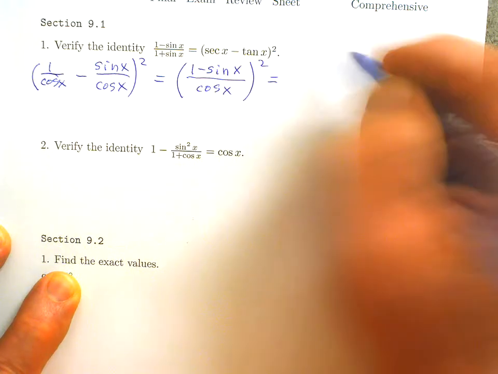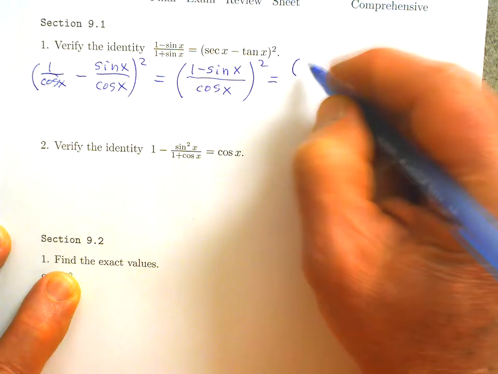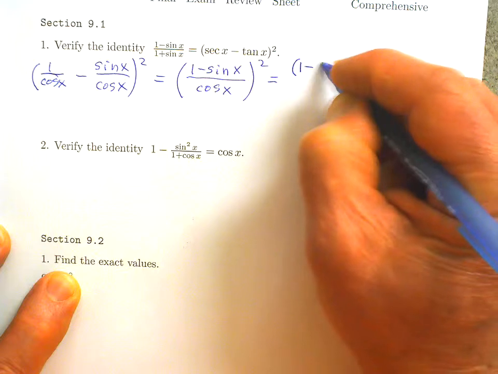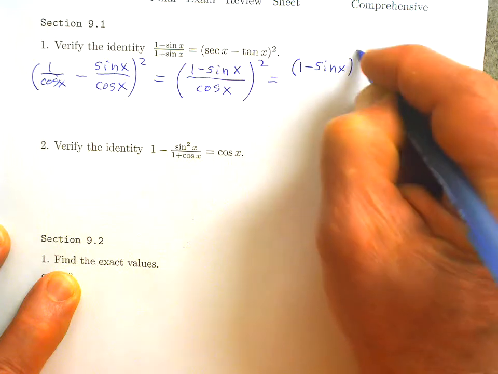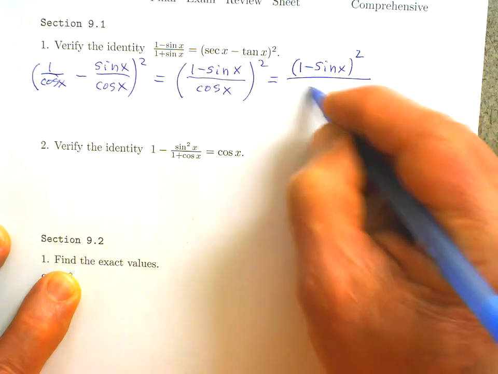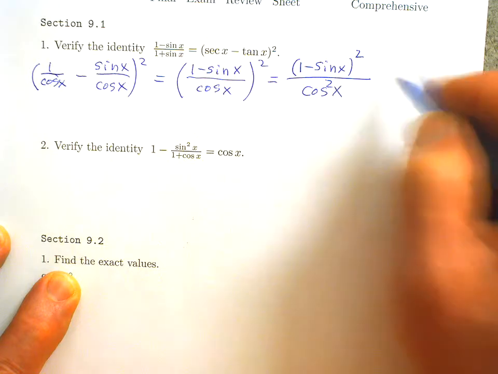And then if we just write the numerator as the quantity 1 minus sine of x squared, and the denominator as cosine of x squared.